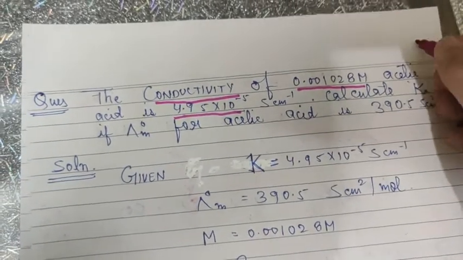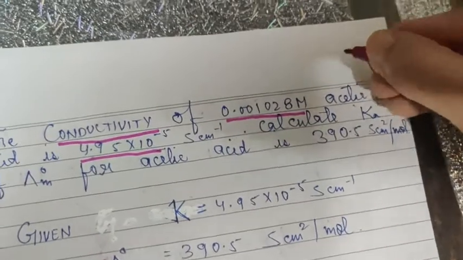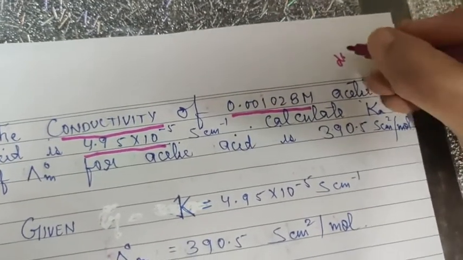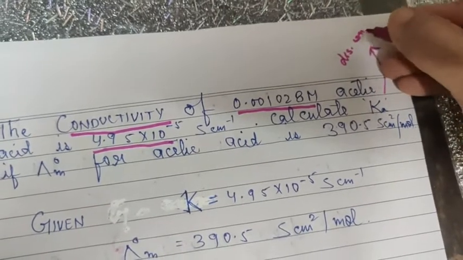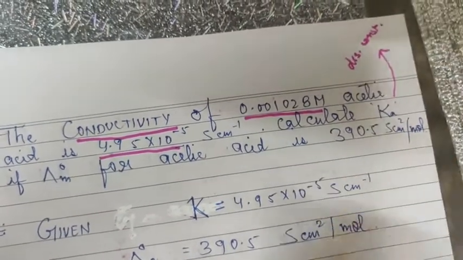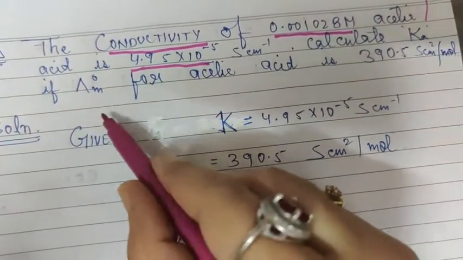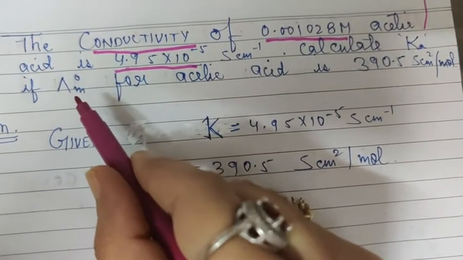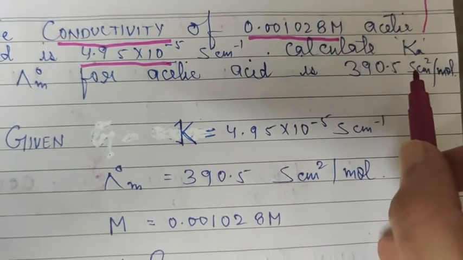Here the Ka is the dissociation constant. Don't get confused with specific conductance or kappa. This is the dissociation constant.